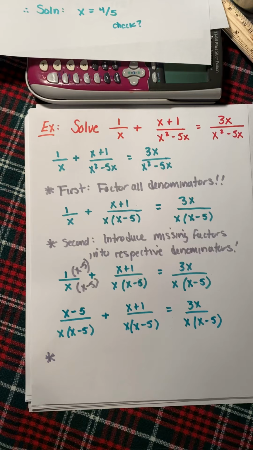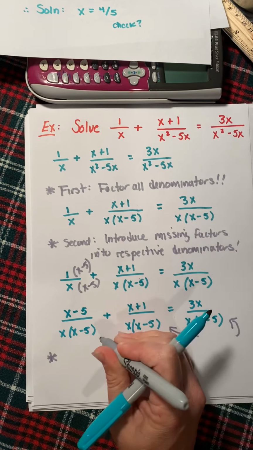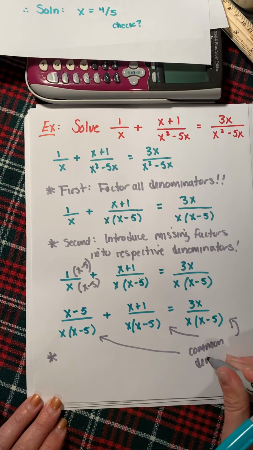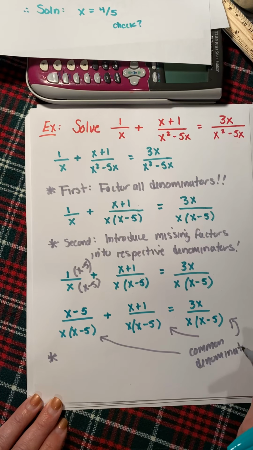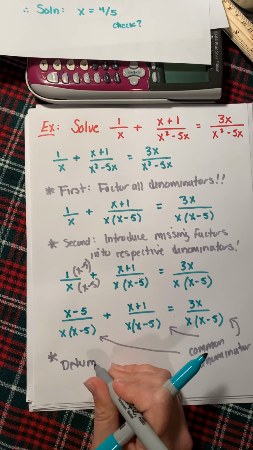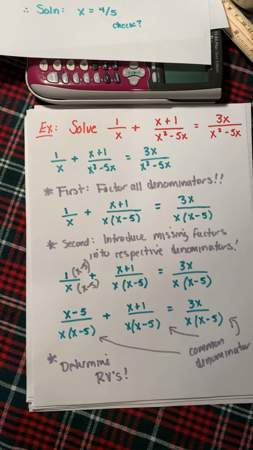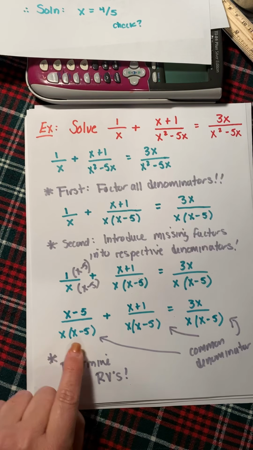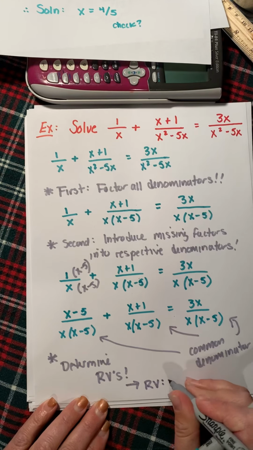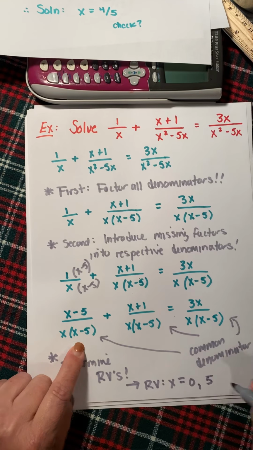This is a good place, once we have our common denominator, to determine the restricted values. So if we look here, what would make each of these denominators 0 would be 0 here, and then 5 for the second factor.